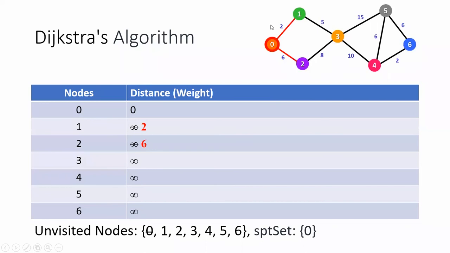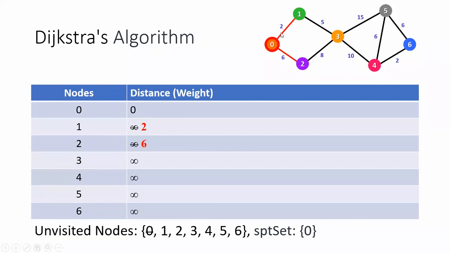So first, if you start from 0, it goes to 1, and then it also goes to 2 because the adjacent nodes that we have are 1 and 2. So we change the distance: from 0 to 1 is 2 and 0 to 2 is 6. Here we apply the third step, where we check which one would be the shortest.